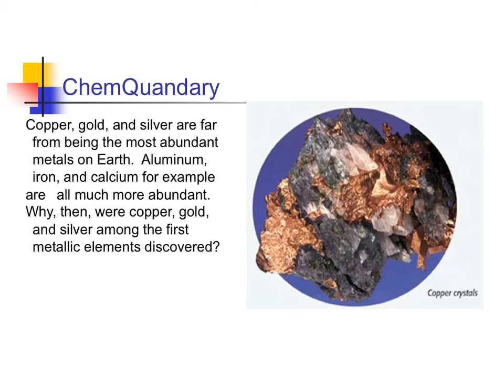You will actually have a question on your Schoology about this, so if you could take time to fill out your 3 sentences on why you think this is, and answer this question. Why are copper, gold, and silver among the first metallic ones to be discovered? Why are copper, gold, and silver discovered first as opposed to aluminum, iron, and calcium, which are much more abundant?